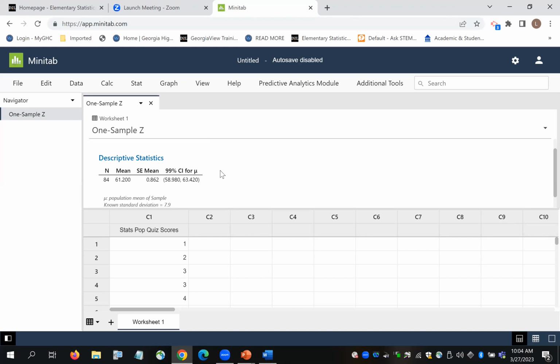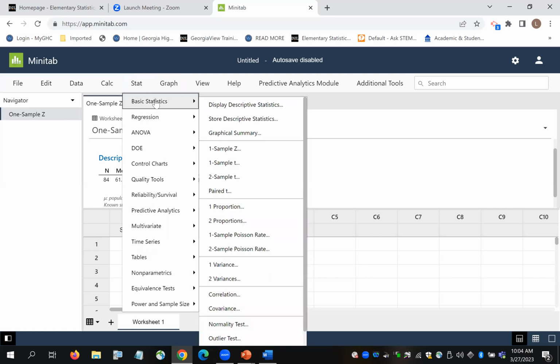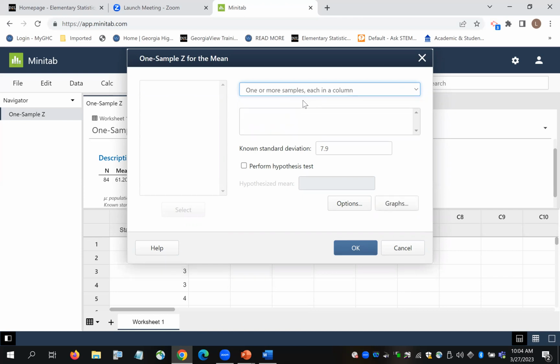So now I'm ready to calculate my confidence interval. I have stat, basic statistics, 1 sample Z. Again, we're doing a Z because we know the population standard deviation. This time we have 1 or more samples each in a column. I have the raw data.